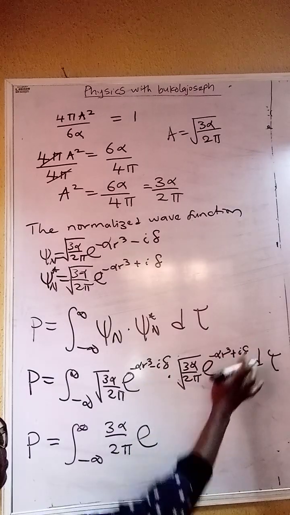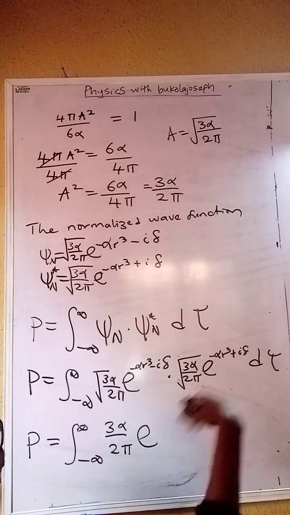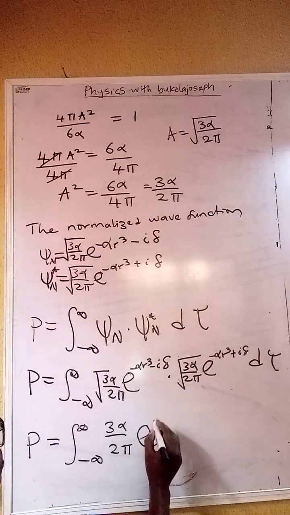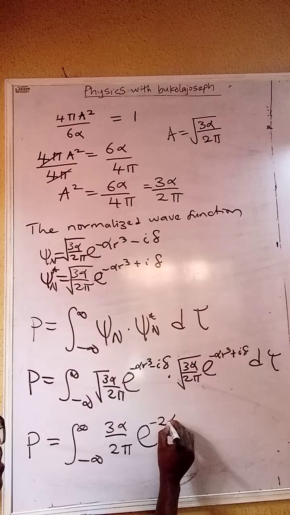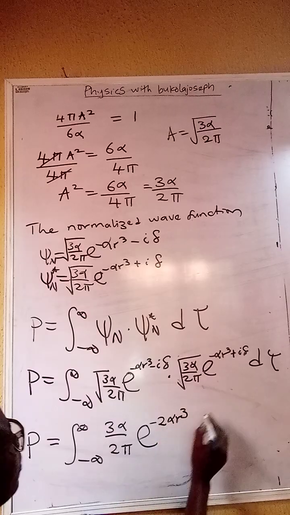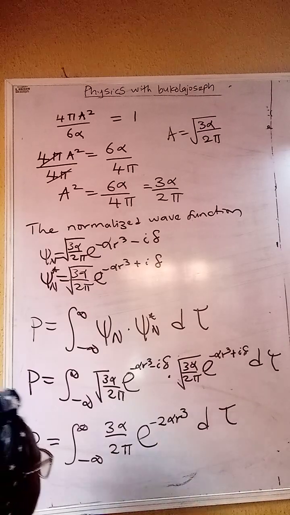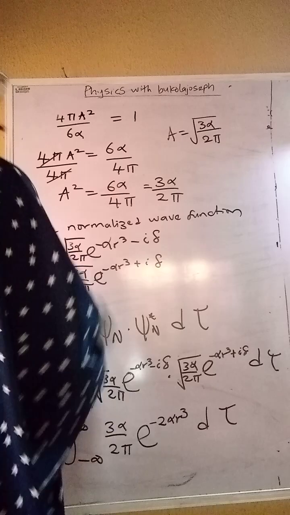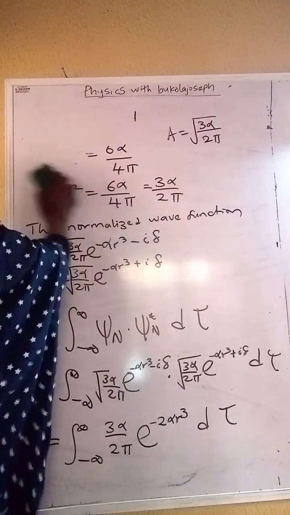This will cancel this because it's positive and negative, so it will go. Then this and this will sum up to give us minus 2 alpha r cubed, and then we have our d tau. So let's go up and continue.